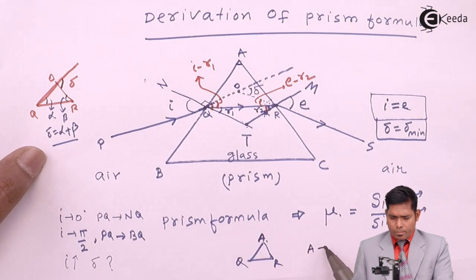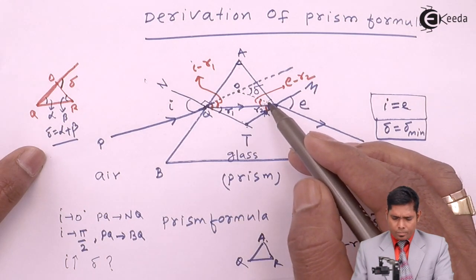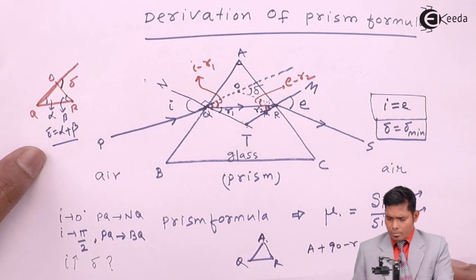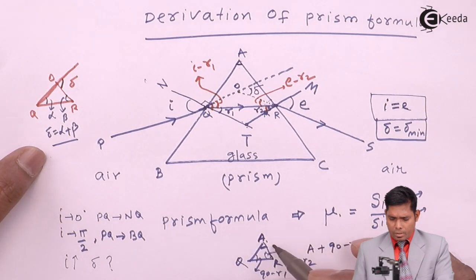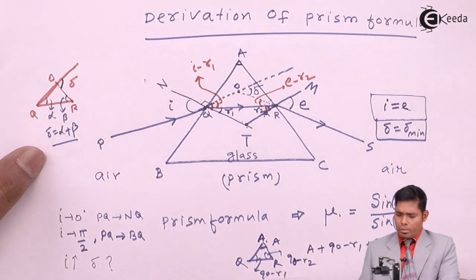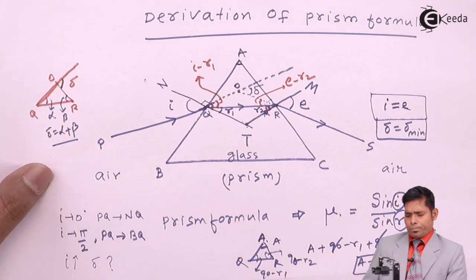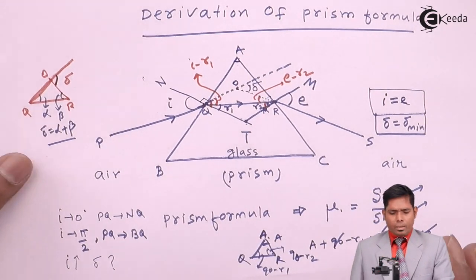So this angle A plus this angle 90 minus R1 plus this angle 90 minus R2 is also 180 degrees. So this 90 and 90 will cancel with 180, and A is R1 plus R2. This way also you can get A equals R1 plus R2, but we approached in a different way. You can approach in any way, but that is the final expression.